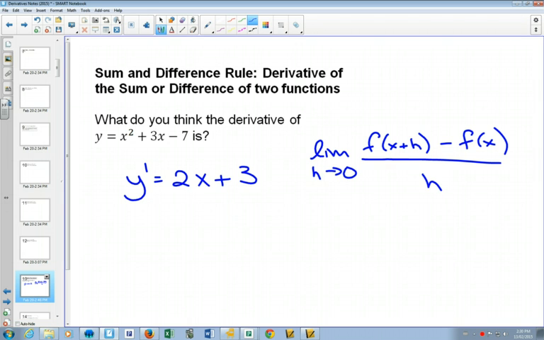With the definition of the derivative, first of all, you'd plug in x plus h. You can just watch, you don't have to write this down. X plus h in for each x.